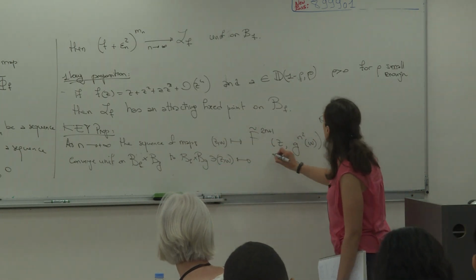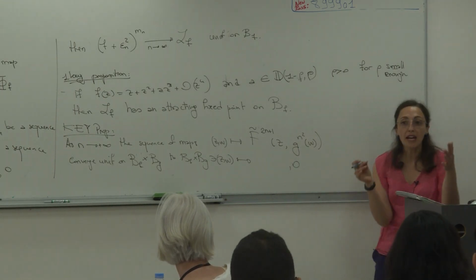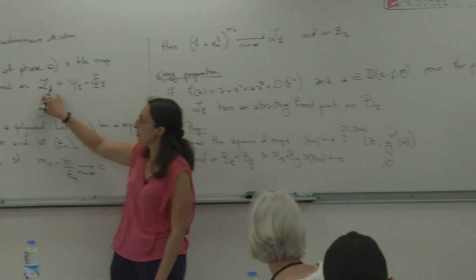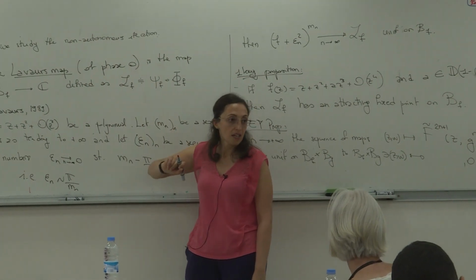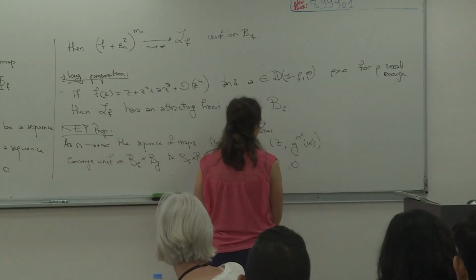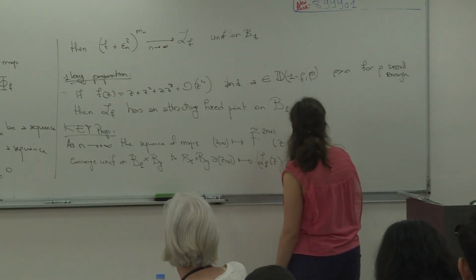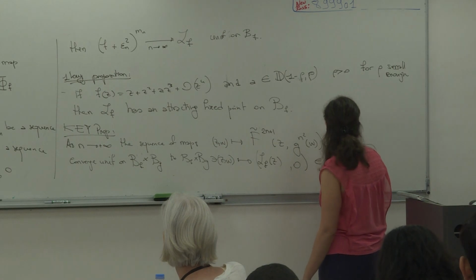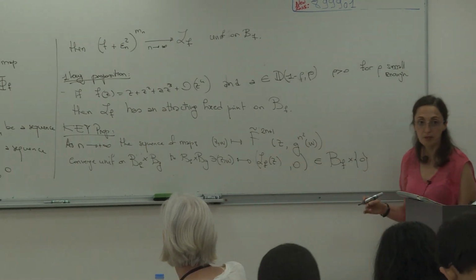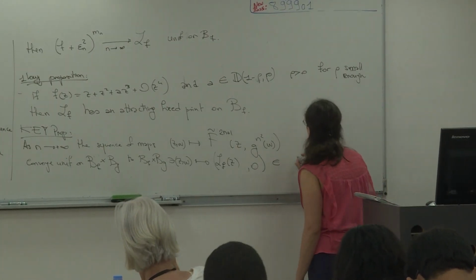And now it is no surprise if I tell you that it's going to go towards the Lavor's map. So in here, I'm going to have the Lavor's map of f at z, which is one-dimensional, and at 0. And this belongs to the parabolic basin times, well, sorry, C.